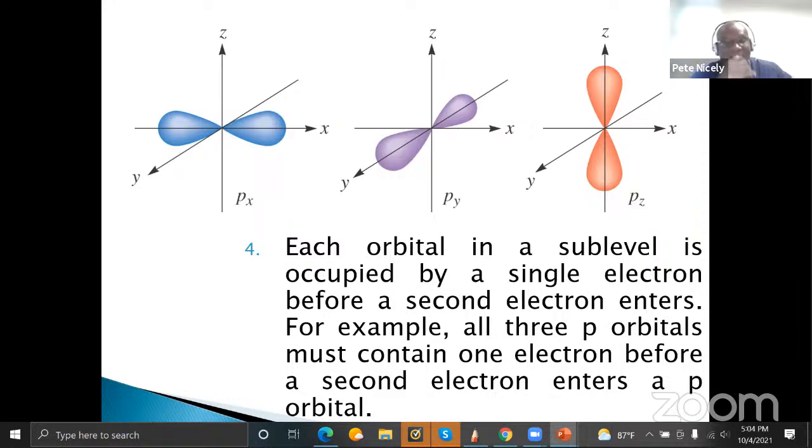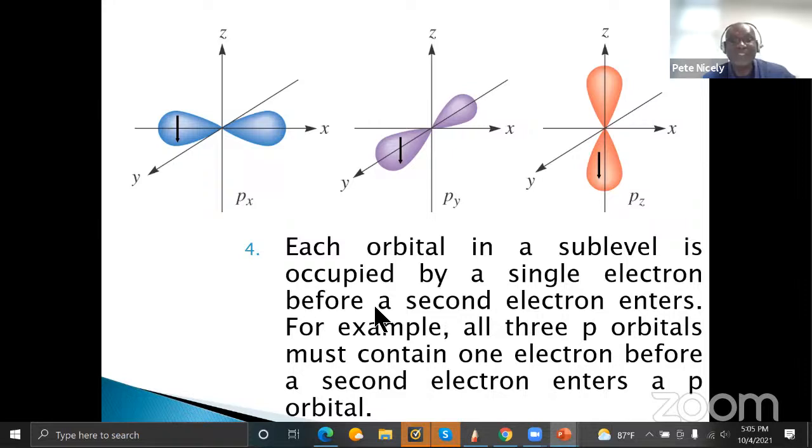So for example, let's say you have these 3 p orbitals which are in the same sublevel, and let's say you have some electrons to assign to these p orbitals. Well, the first electron will go here, right? And then the next electron will go into any one of these 2p orbitals. So the next electron will go into this one. And then if you have another electron to add, then that electron will go into the pz orbital, right?